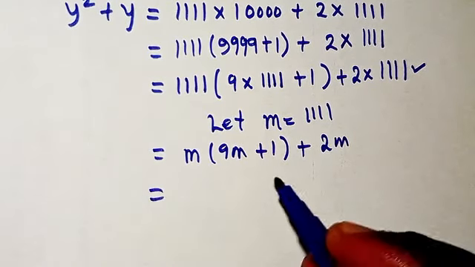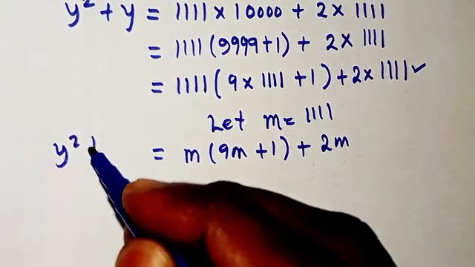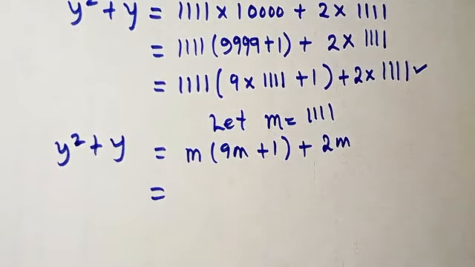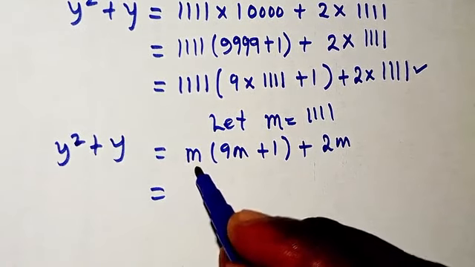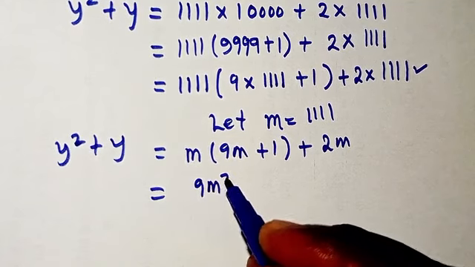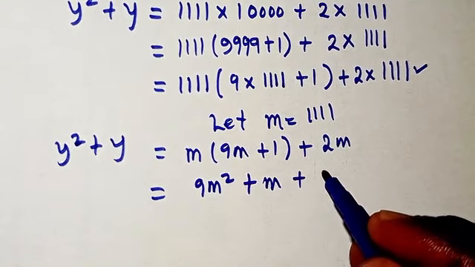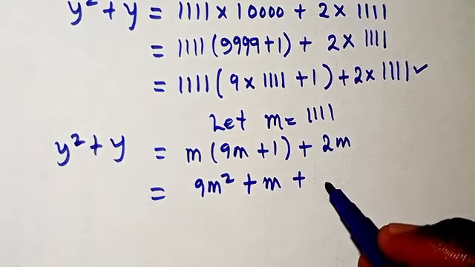Now from here, don't forget we are having y raised to power 2 plus y. Now here, try to open the bracket. M times m, we have 9m squared, plus m times 1, we have m, plus 2m.